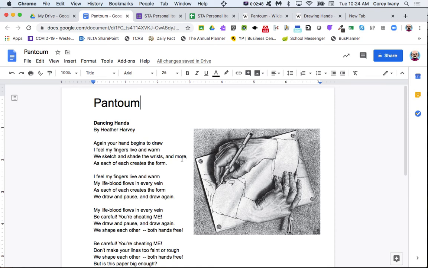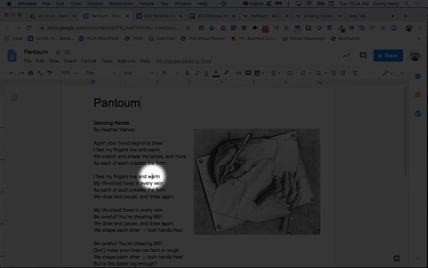So this is more perfect in terms of its rhyming structure. You can see that warm, form, vein, again. And again, it's how you pronounce the word again. It could be again, but it's all in the pronunciation or how you force that rhyme.